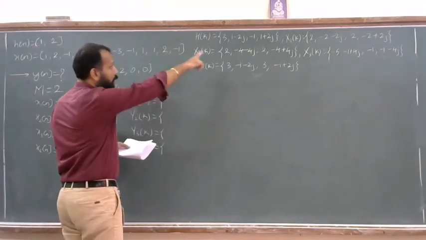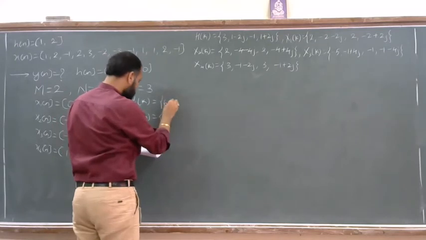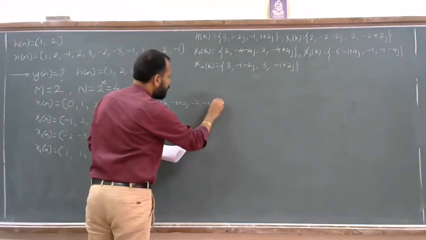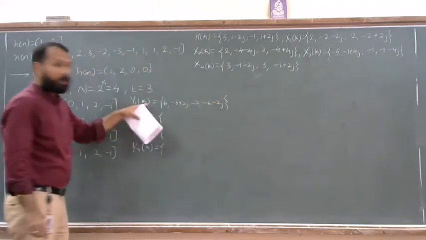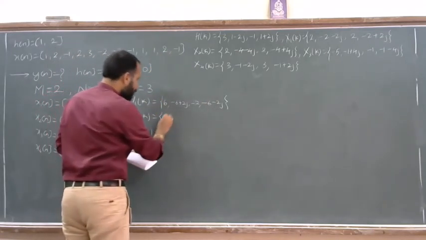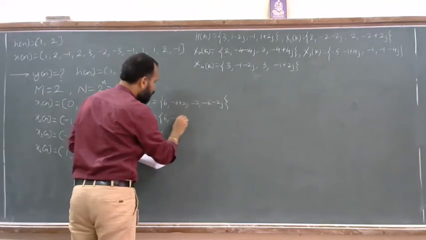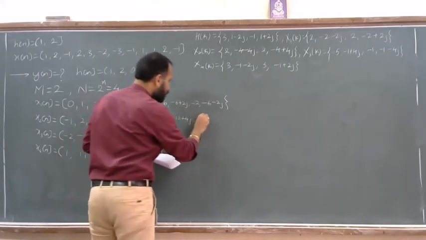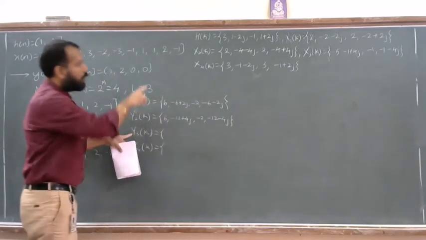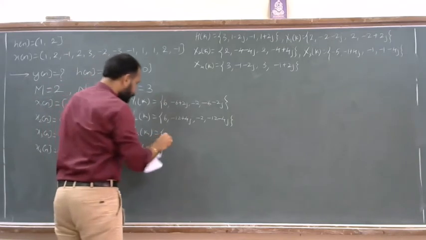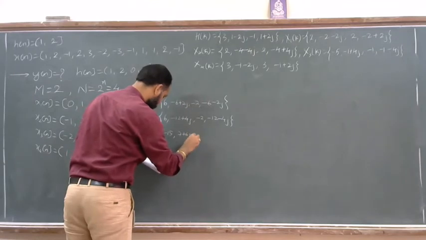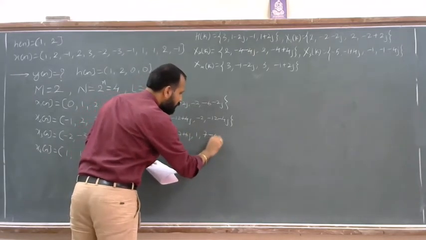Multiplying h of k with x1 of k gives 6, minus 6 plus 2j, minus 2, minus 6 minus 2j. Multiplying h of k with x2 of k gives 6, minus 12 plus 4j, minus 2, minus 12 minus 4j. Multiplying x3 with h of k gives minus 15, 7 plus 6j, 1, 7 minus 6j.